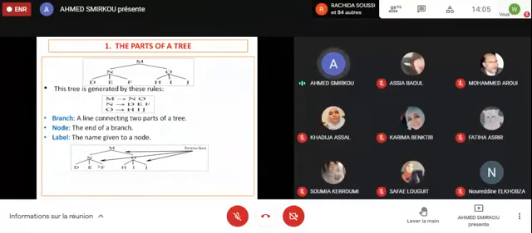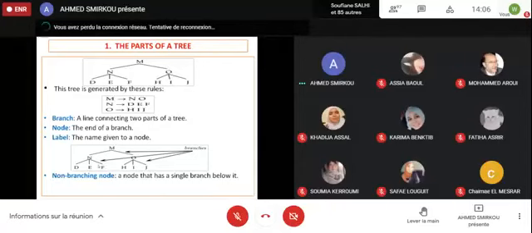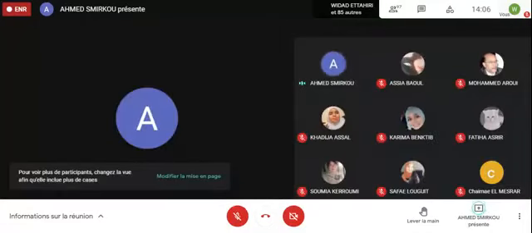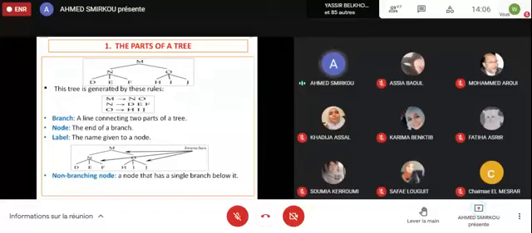Now, you should also know the difference between a branching node and a non-branching node. Like in a rhyme and a non-branching rhyme, a branching rhyme is where you have the nucleus or the peak and the coda; they go together.